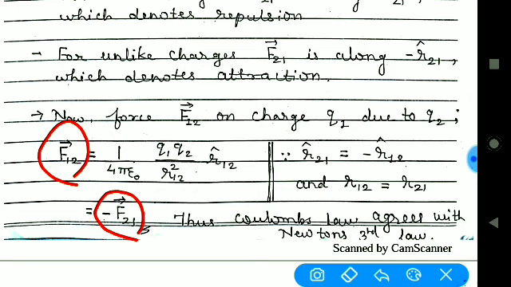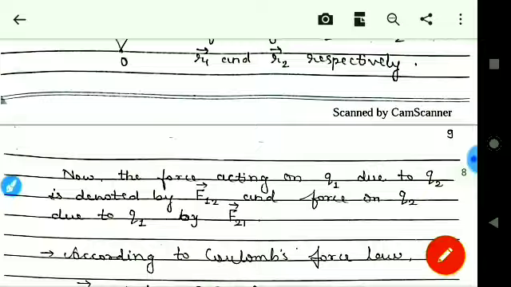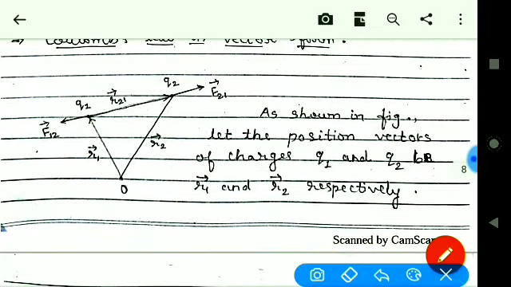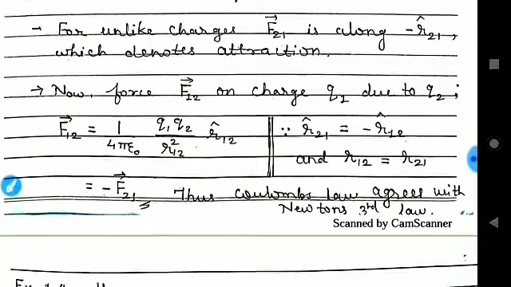You can see here force on 1 by 2 is equal to force on 2 by 1, but there is a negative sign. Also, from the figure you can find that the direction is opposite. This force on 2 is towards this direction and the force on 1 is towards this direction, and hence due to this opposite sign there is a negative.